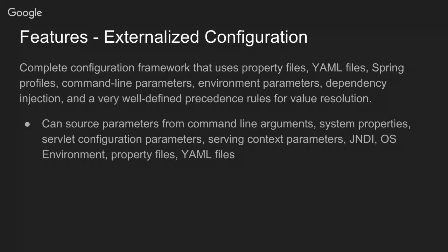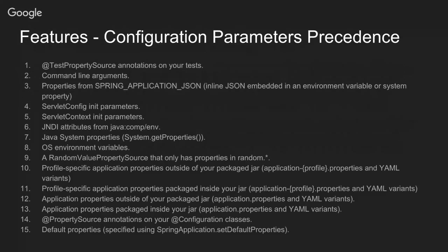As it states here, it can source the values from the parameters from the command line, from system properties, servlet parameters, JNDI, operating system environment, property files, or YAML files. And it has a precedence that works.